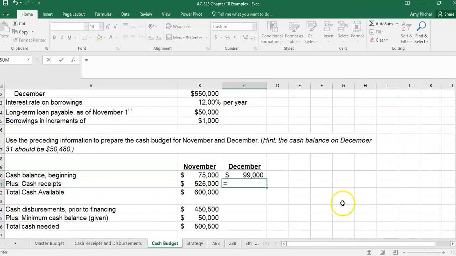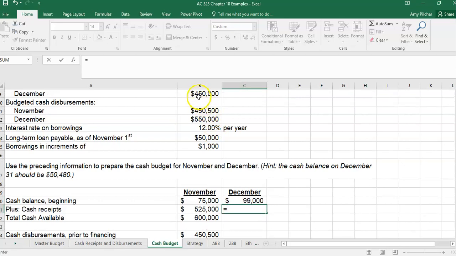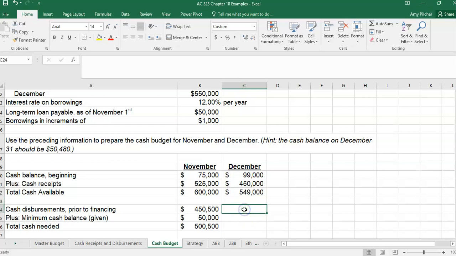December, we have cash receipts of $450,000. So we have total cash available of $549,000. Our cash disbursements in December are $550,000. Minimum cash we want to have on hand.